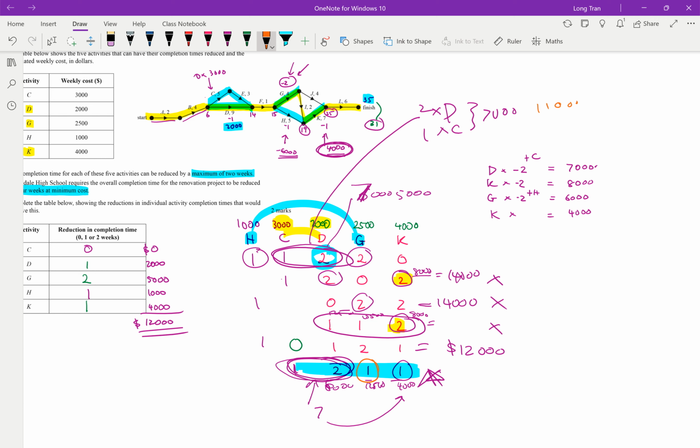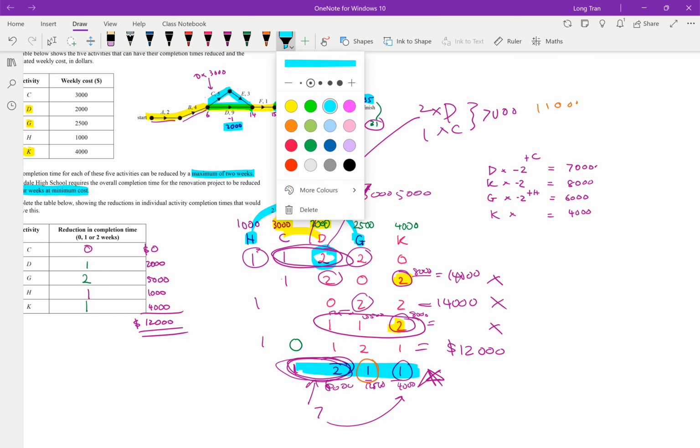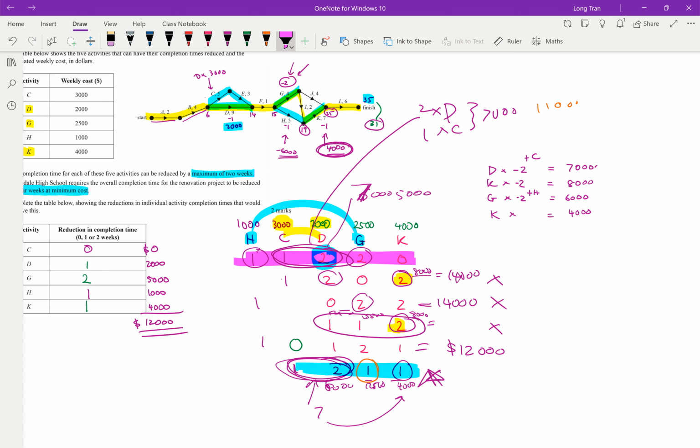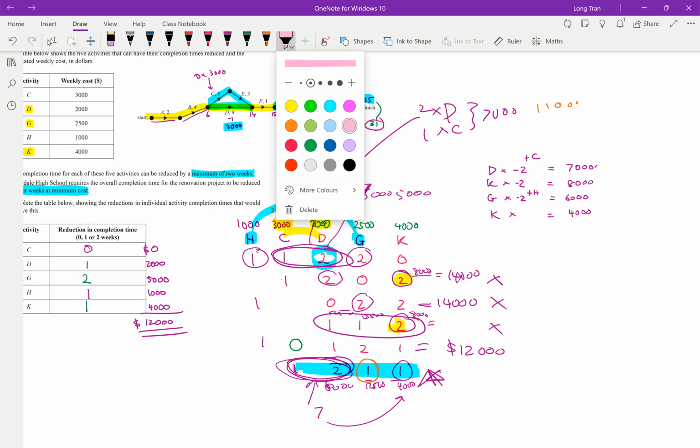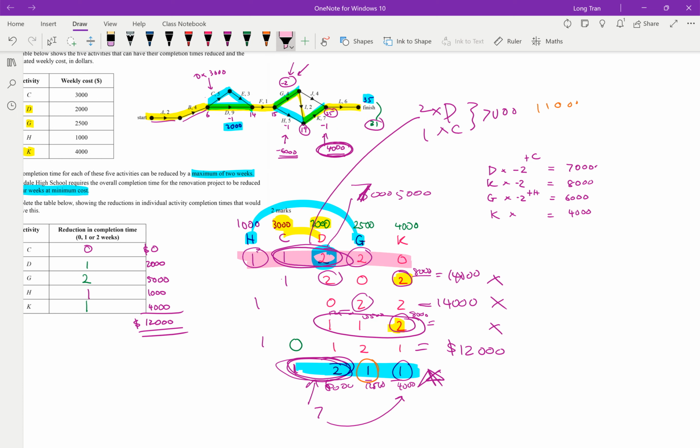But anyways, let's go back to this one up here. Oh, that was a bad color. I might be babbling on right now, but hopefully you get my point, like how I went through it. I'm just proving my point that I do think this is the best option here. So D in itself was 7,000 plus 2.